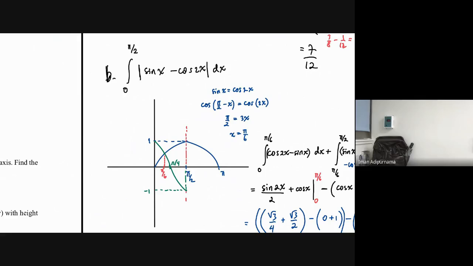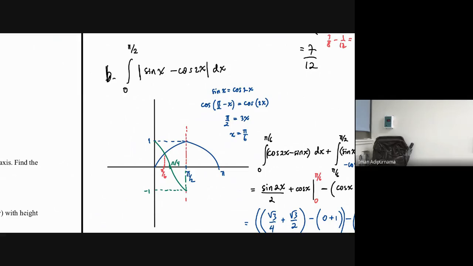You need to remember at least the quadrants in which sine, cosine, or maybe tangent are negative or positive. Remember that, and you find it's pi over 6. Here, pi over 6. So we can become two areas: from 0 to pi over 6, and from pi over 6 to pi over 2.